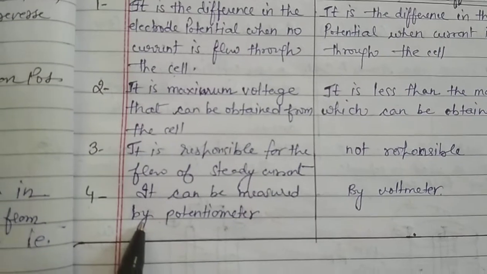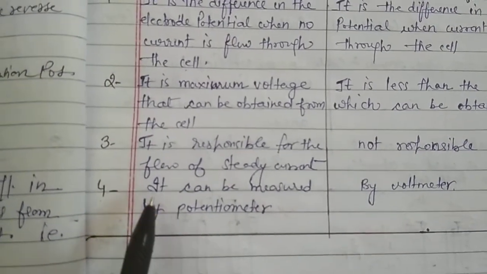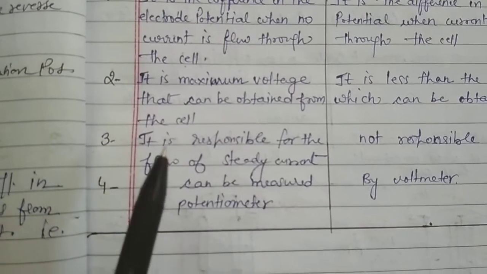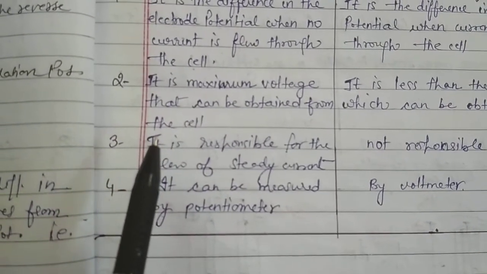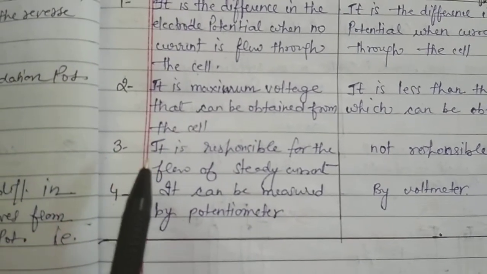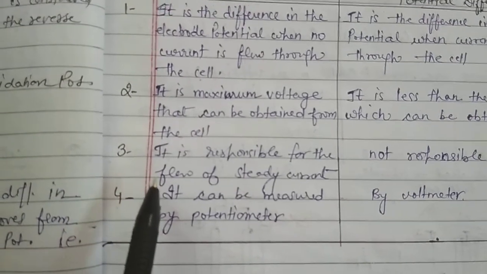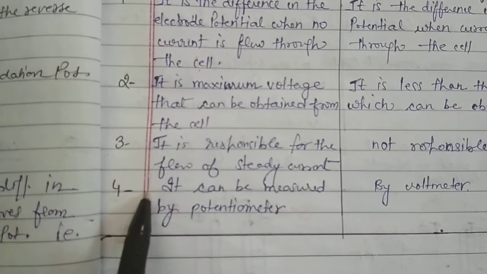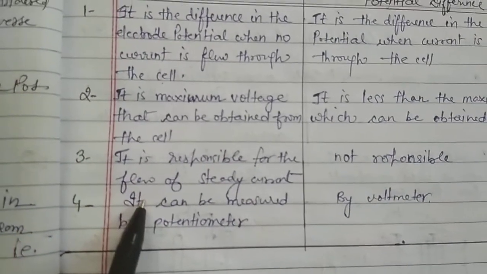Why is it so? Because in the potentiometer we apply an equal and opposite potential difference to the cell, and there is no net current flowing in the circuit. While if we are using the voltmeter, current would be drawn by the voltmeter.